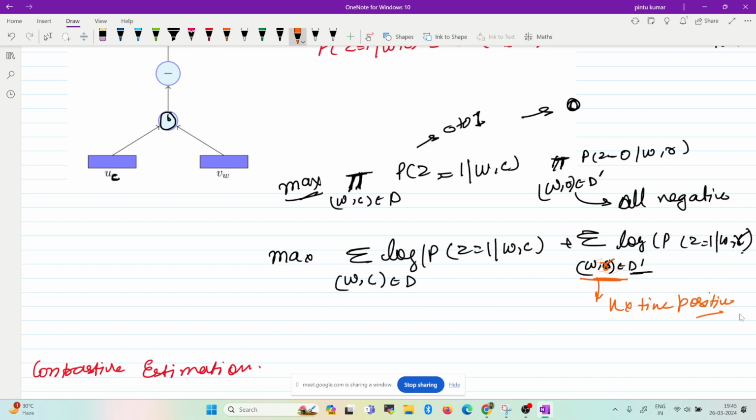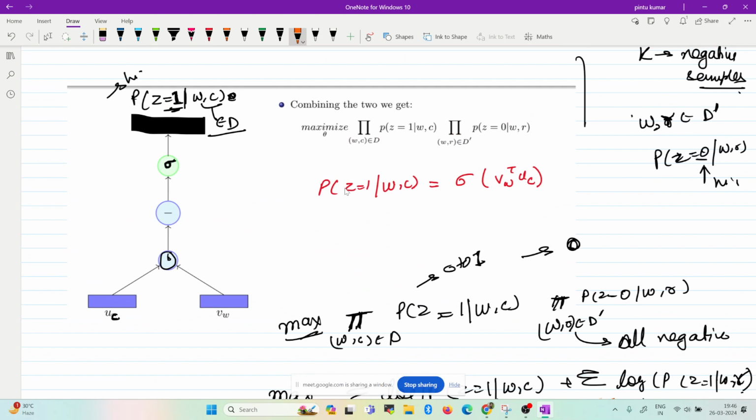This would be much lesser, so this is justified. Also, people have proposed other methods to sample W comma R based on their occurrence in the corpus. If some word is more frequent than another, it is more likely to be sampled as a negative sample than a less frequently occurring word.